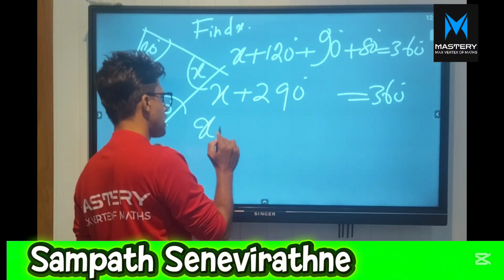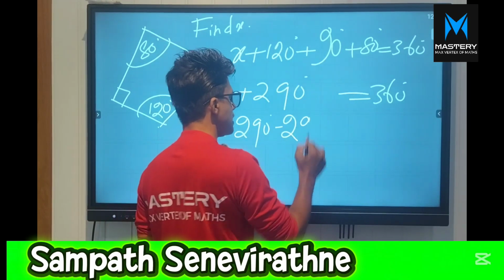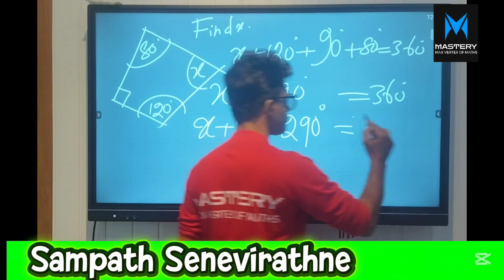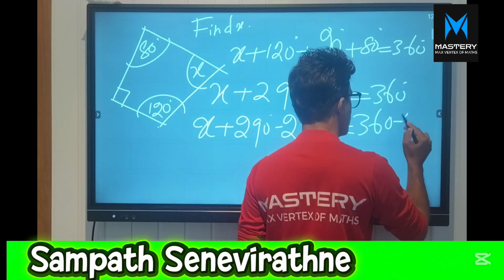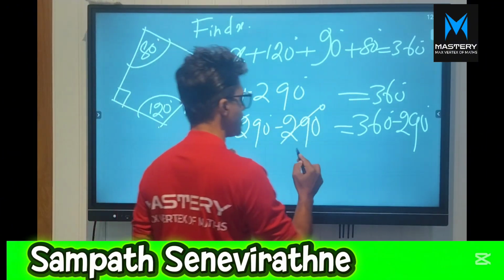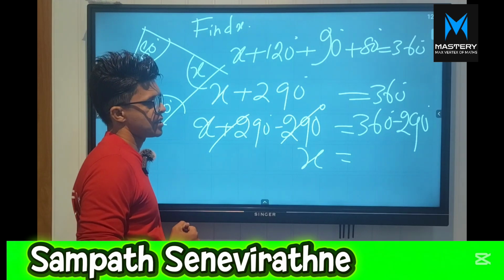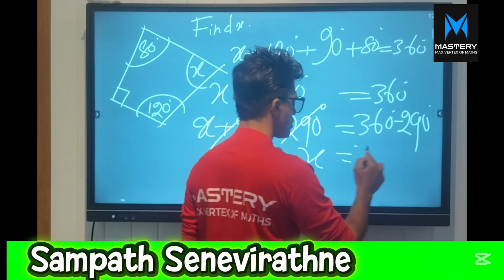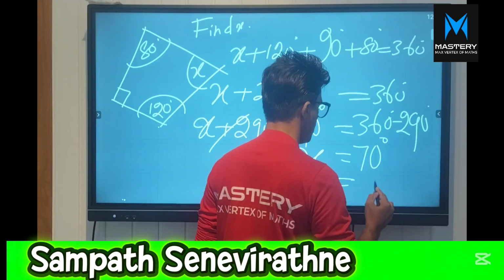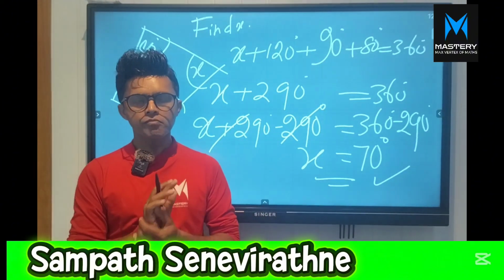From both sides, like we did previously, we can subtract 290 degrees. When you do so, you can simplify this to 360 minus 290, which is 70 degrees. The value of x you can get as 70 degrees.